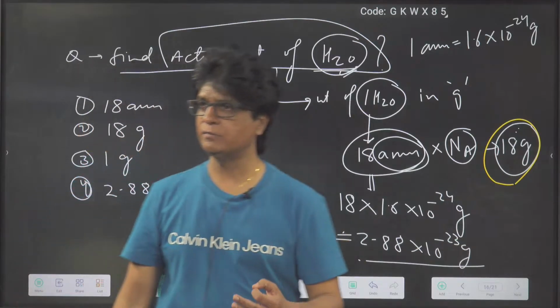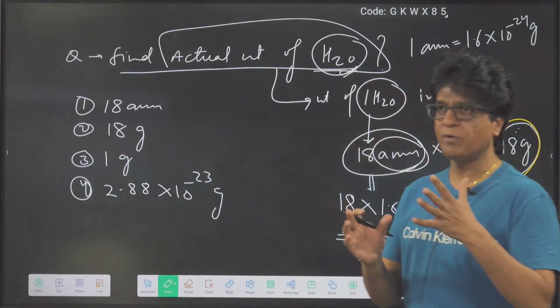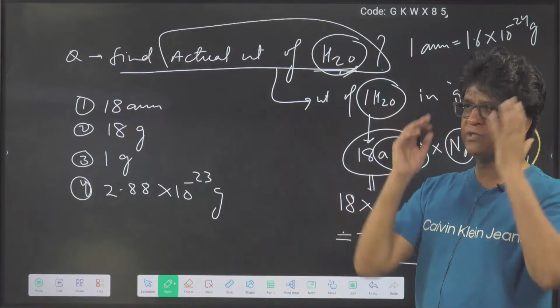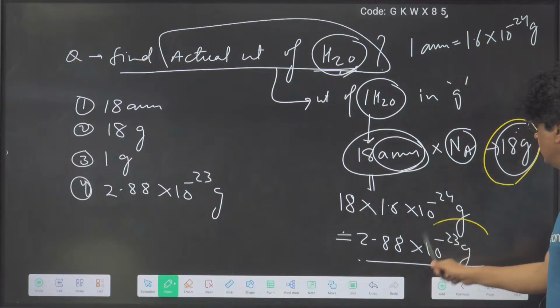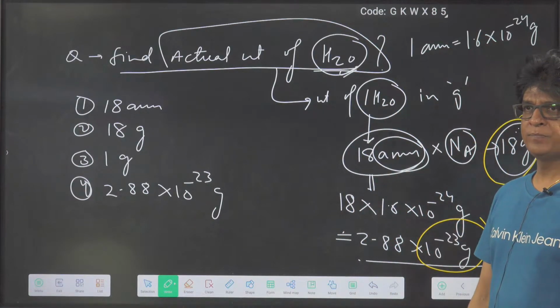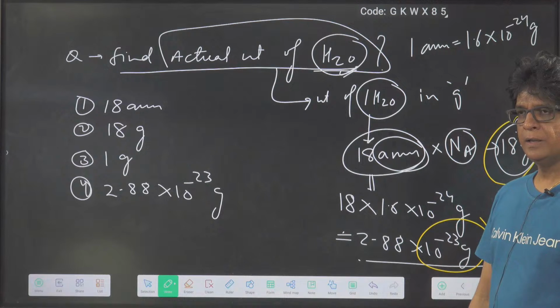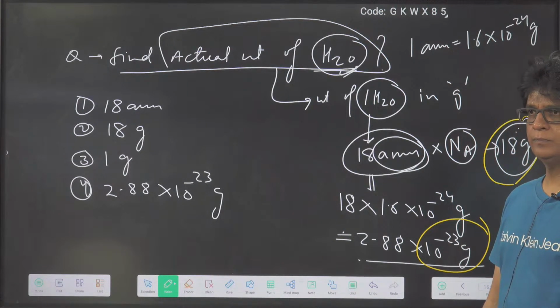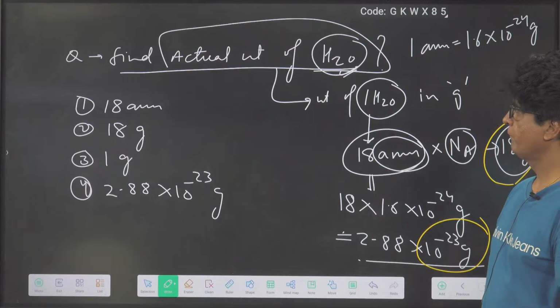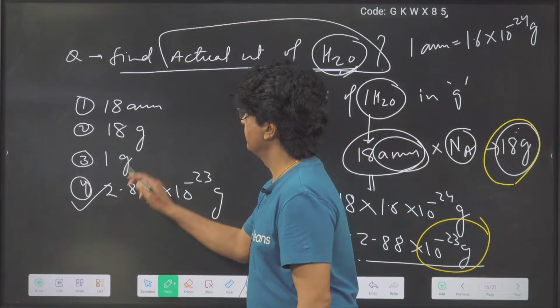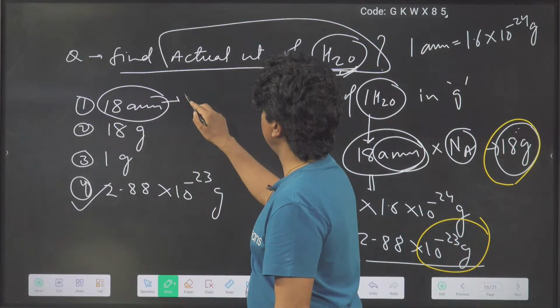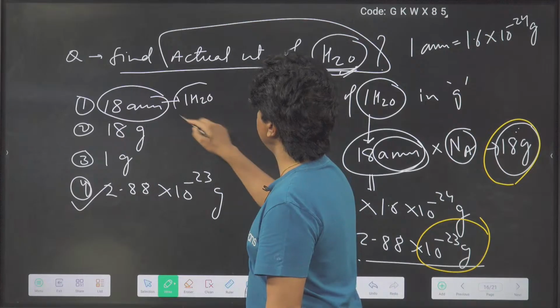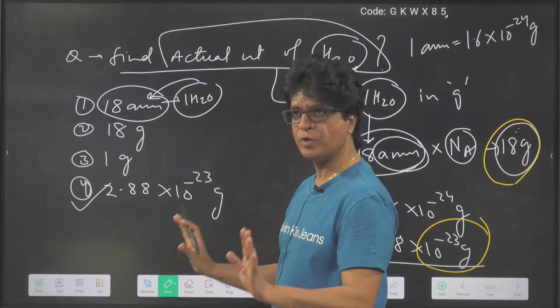The weight of one atom or one molecule in terms of gram will be a very, very small value, extremely small, like this, right? Is that clear? Only the fourth. This is the weight of one molecule of water in terms of AMU.